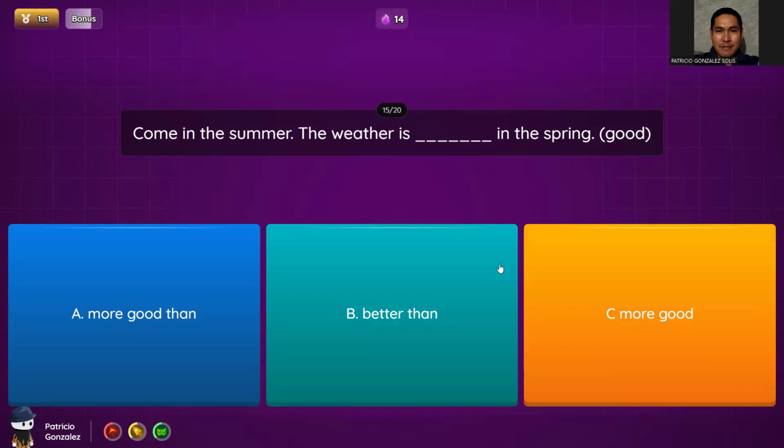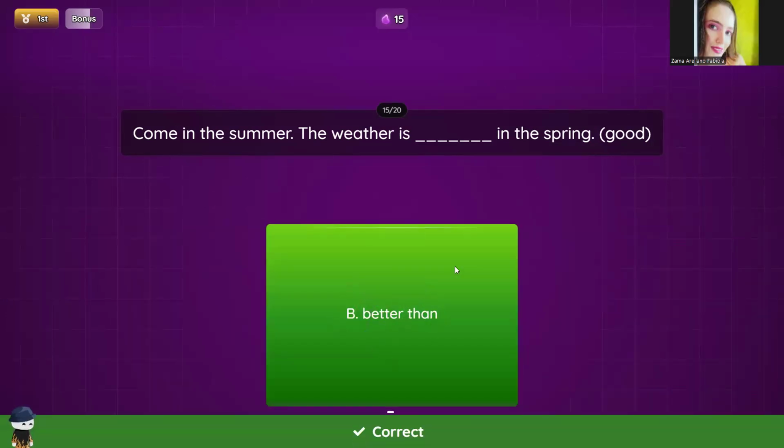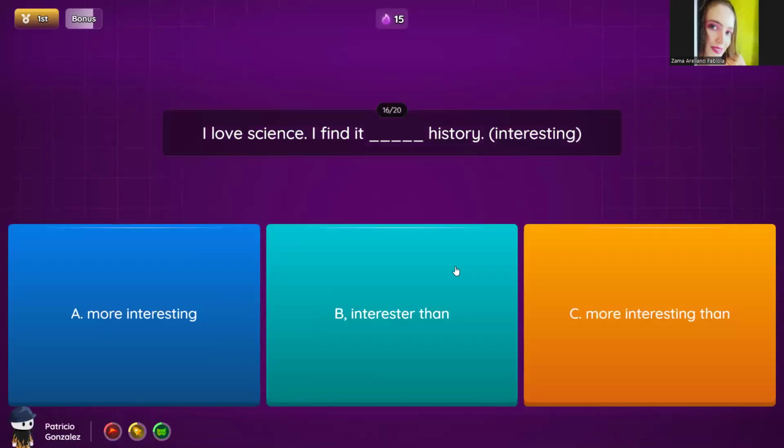And finally, it's repeated. This one. I love science. I find it more interesting than history. Oh, yes, because it's science. It's a good option, but no history.